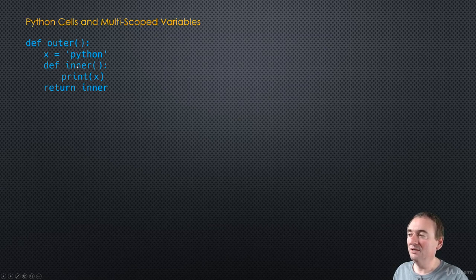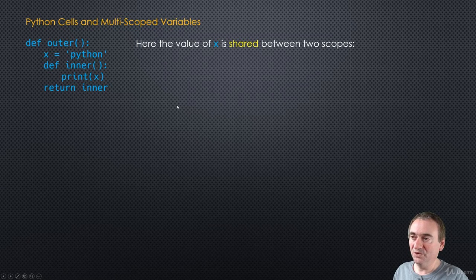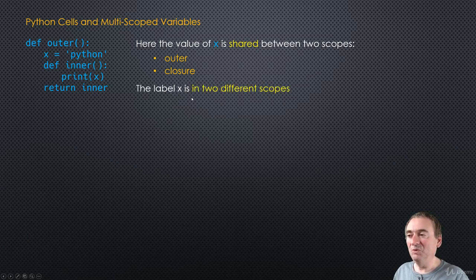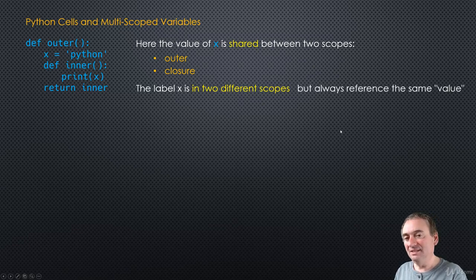So therefore, inner and x is a closure, right? So the value of x is shared between two scopes, the outer function and the closure, the inner function. So this label x is in two different scopes, but it's really the same x, right? It has to be the same x. So that's kind of weird, right? It's this x label. We have to differentiate between the label and the value. So the label is in two different scopes, but the value that it's referencing is the same.